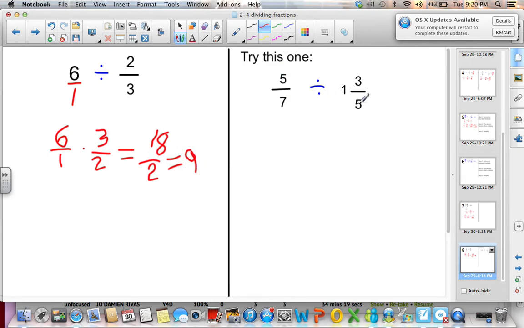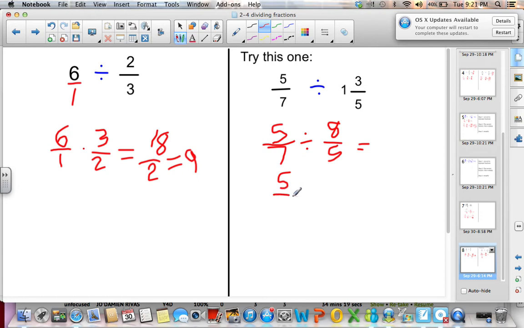5/7 divided by 1 3/5. My first step is to change this to an improper fraction, so I have 5/7 divided by 5 times 1 is 5 plus 3, so 8/5. Okay, rewrite it as multiplication.